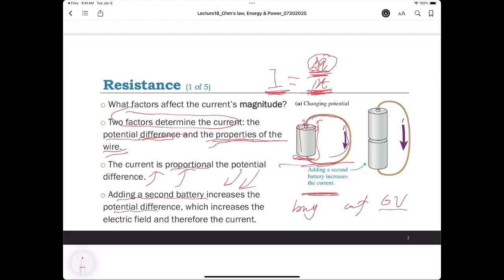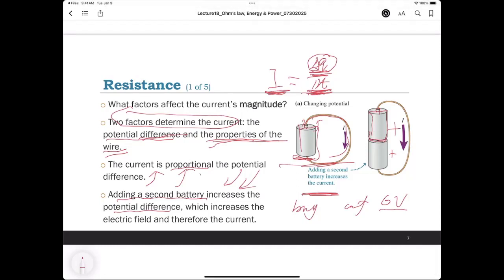We talked about this in the last class: if two batteries are connected in series, the potential difference is the two potential differences added together, which increases the electric field and therefore the current. Does that make sense to you?